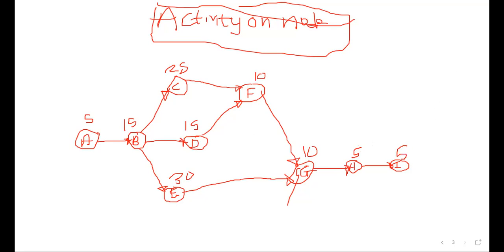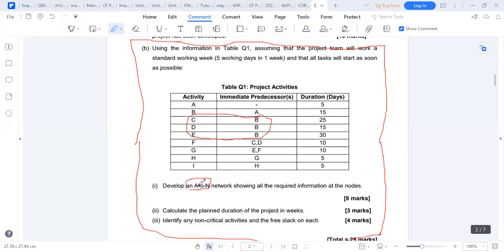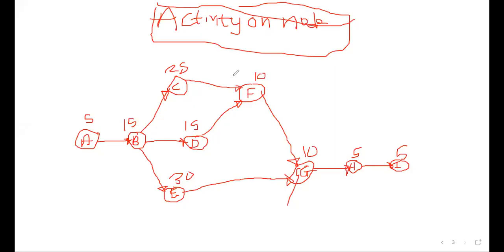So meaning that this is what we have gotten. Draw activity or node showing all the required information at the nodes. So we have seen the required information at the nodes, meaning that we have answered the 8 marks here, where we are simply putting the information.